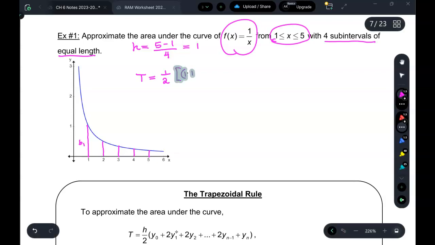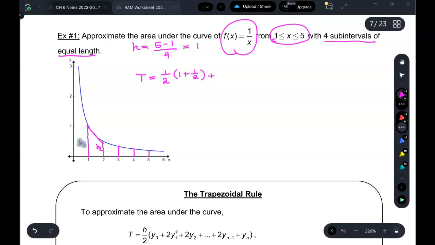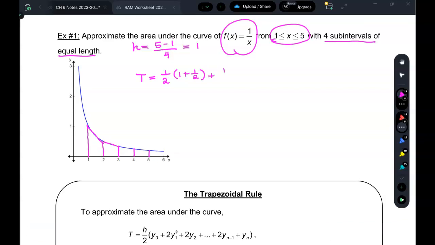Sorry, I said I was going to do them separate. 1 plus, what would base 2 be? We'll plug 2 in: 1 over 2. Okay, the next trapezoid has a height of 1 over 2. Base 1 will be a half, and base 2 will be a third.